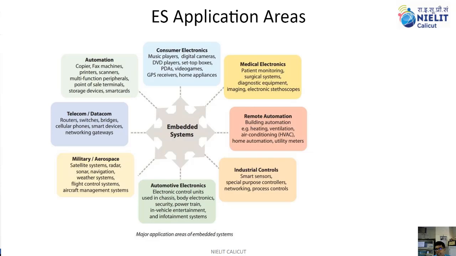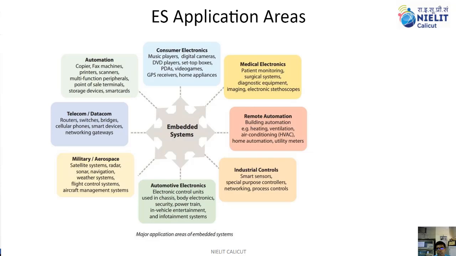Coming to telecom and data communication: routers, switches, bridges, cellular phones, smart devices, and networking gateways. So these are another category of applications. Coming to the last two categories, automation and consumer electronics: your fax machines, MFD devices, multifunction devices, and postage machines, etc. are examples of automation.